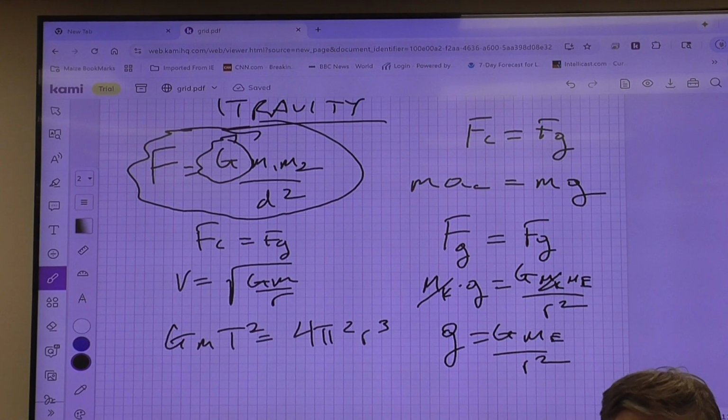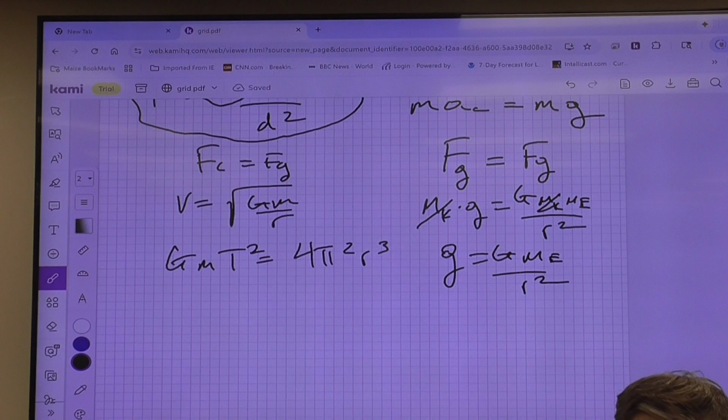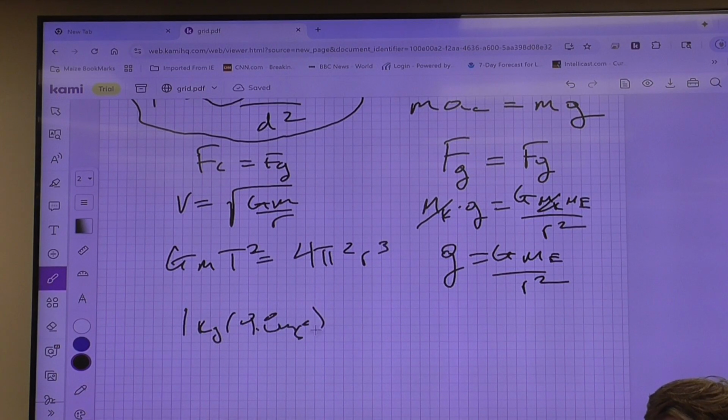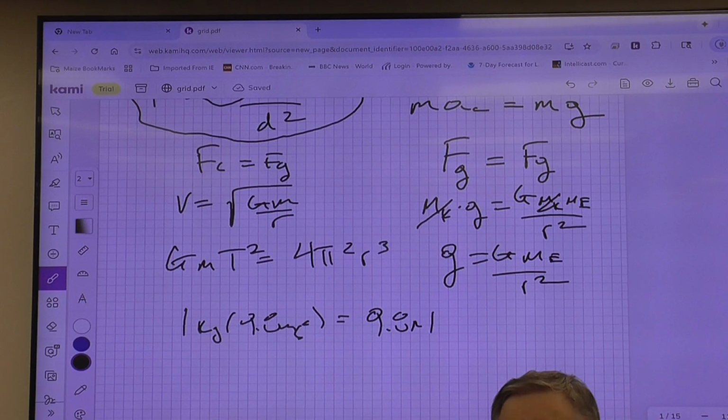One option is: on Earth right now, right here in this room, what would a 1 kilogram mass weigh? 9.8. How'd you get that number? You took 1 kilogram times 9.8 meters per second squared, and you got 9.8 newtons. Cool. That's one way you can get this number.